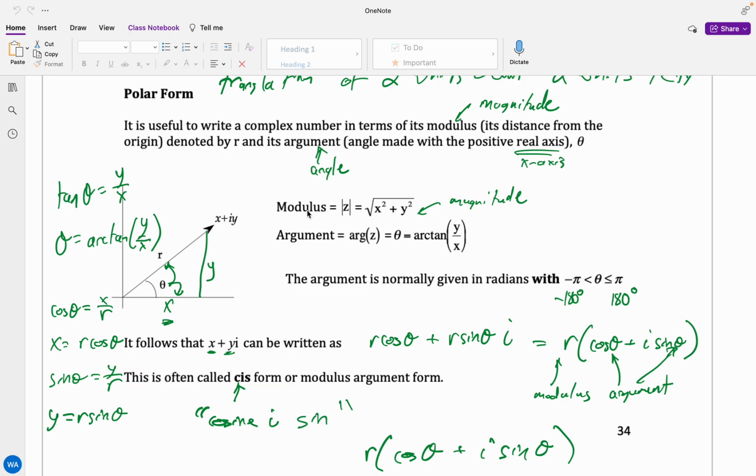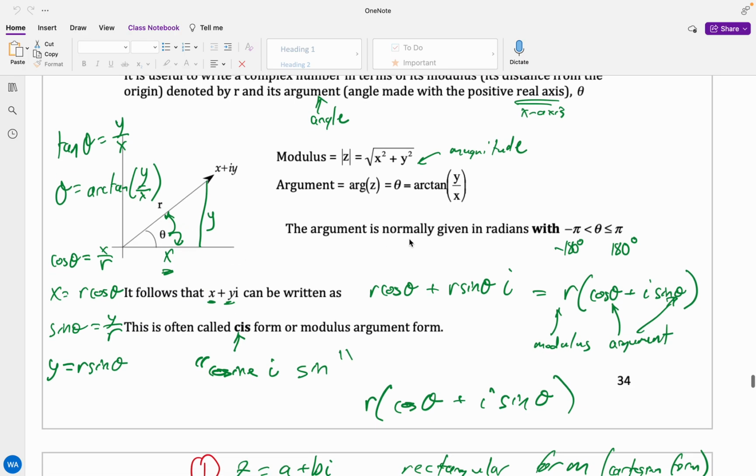The modulus of a complex number z uses this notation, and you can use that same notation in the calculator. It's just the square root of x squared plus y squared, same as magnitude for a vector. The argument is found by finding the arctangent of y over x, the y component over the x component.